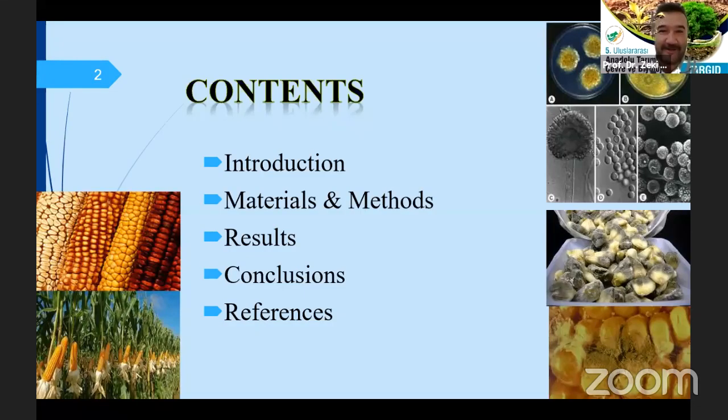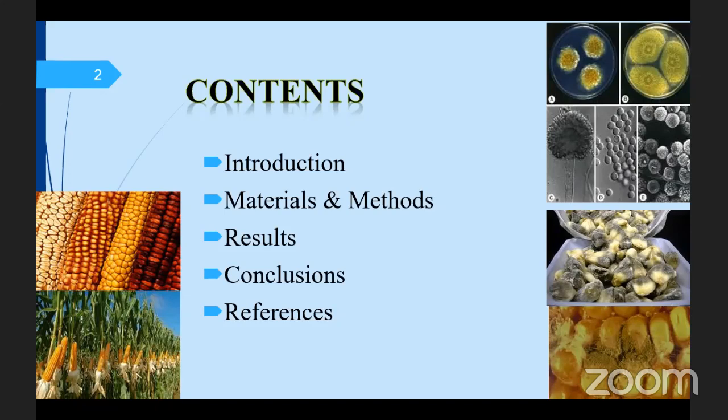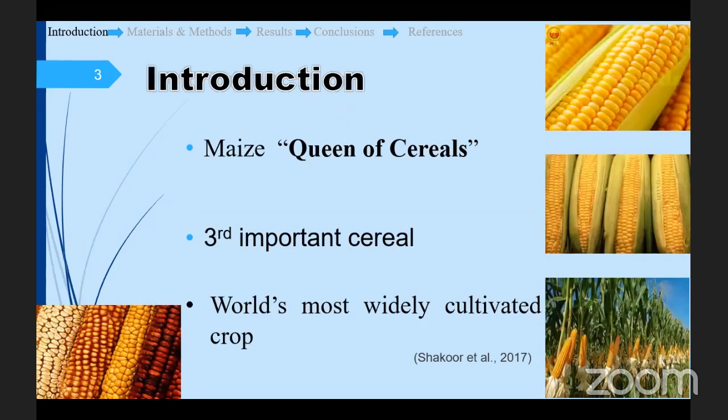Okay. These are the contents of my presentation. As we know that maize, also known as corn, is also known as king of cereal, because it has very important value for nutrition. And maize is also considered the third most important cereal crop, and it is the world's most widely cultivated crop.